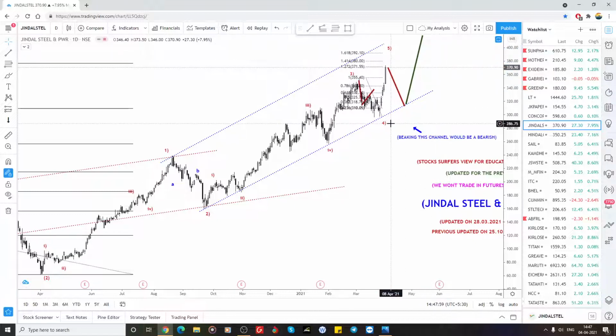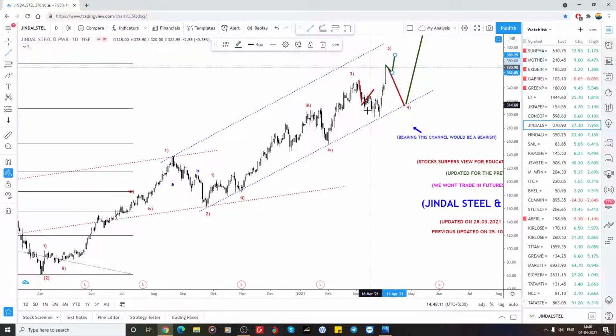So this is also considered as a running flat for the fourth wave if it doesn't make a 5-wave structure. What I'm saying is that from here it has to make a 5-wave structure, then consider this as 1, 2, 3, 4, 5. Otherwise, from here itself that 5-wave structure is not seen, so then this can happen.